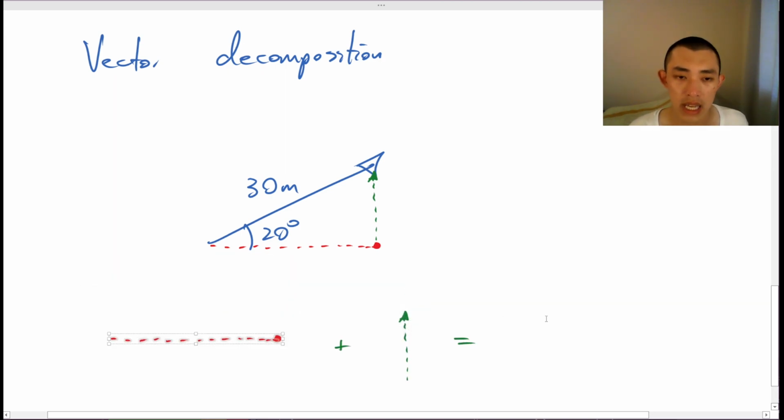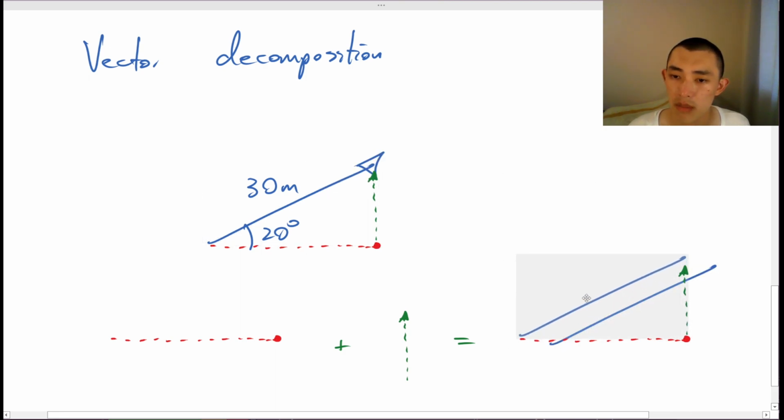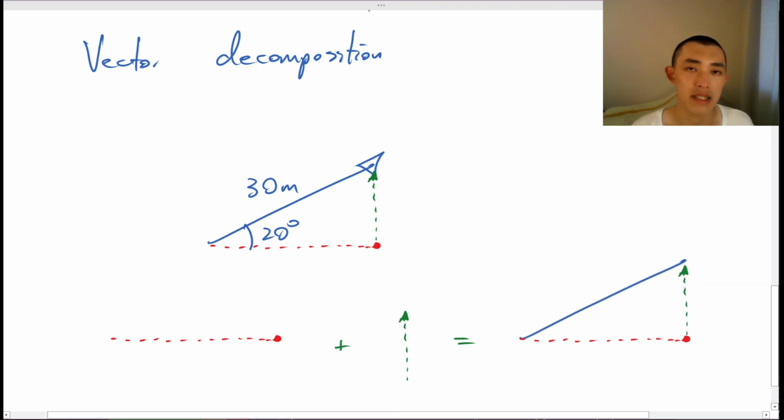Well, if I again did the tip to tail thing, I would quite literally get the exact same vector, right? You can see that it's going to be the exact same length, exact same direction, and that's the point, right?